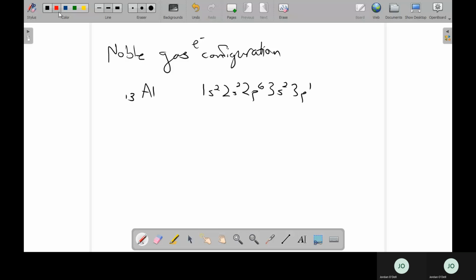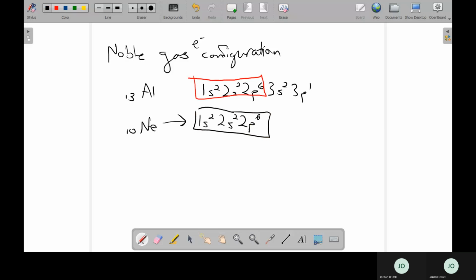So instead of having to write out this whole chunk of electron configurations or orbital notation, we know that this orbital notation that we have highlighted in red is actually the orbital notation for neon, which has 10 electrons. 1s2, there's 2 electrons. 2s2, that puts us to 4 electrons. 2p6 gives us 6 plus 4, gives me 10 electrons. So we know neon equals this.